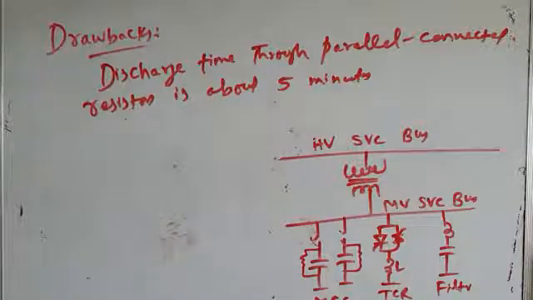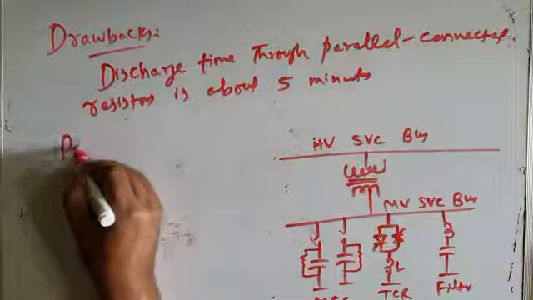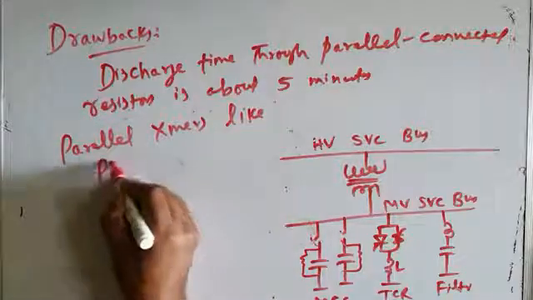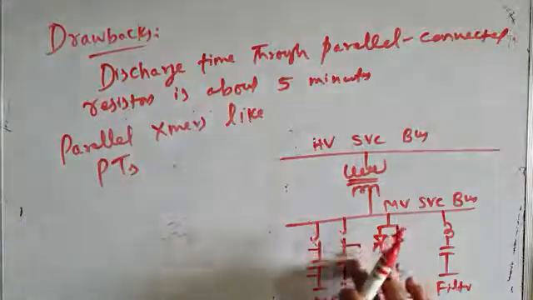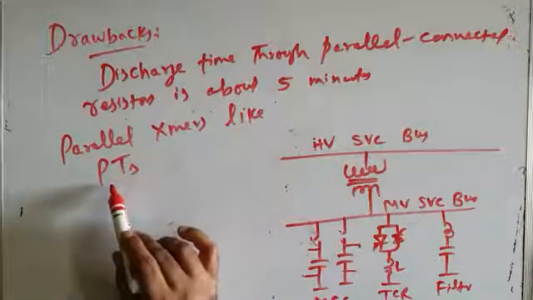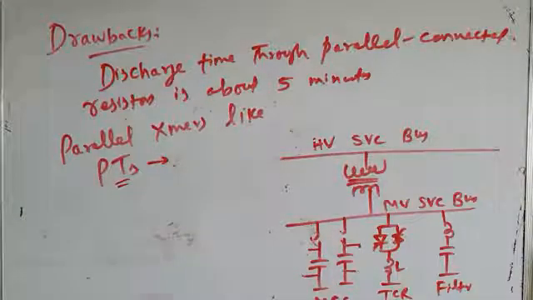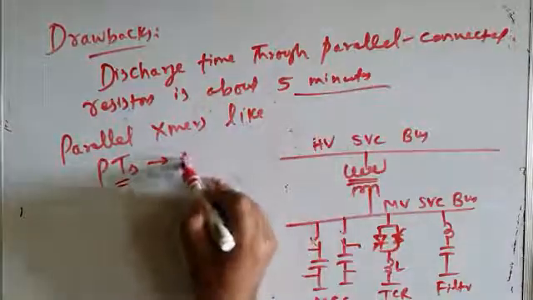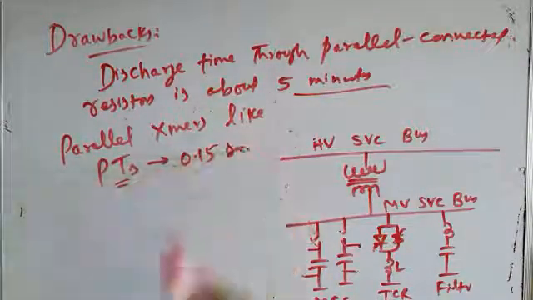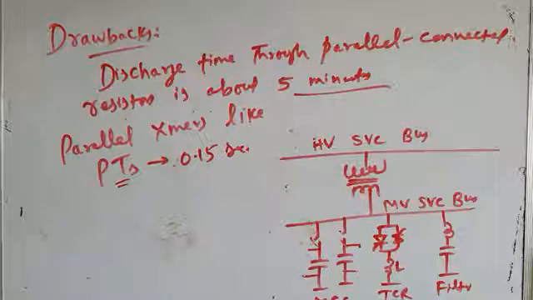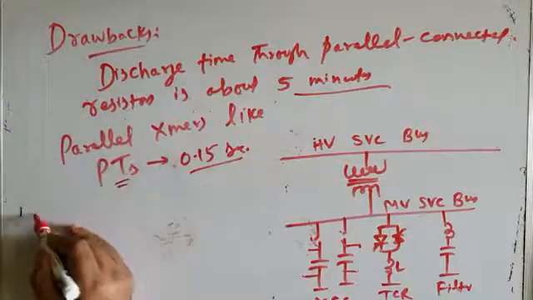How? If small parallel transformers like potential transformers, PTs, are connected across the capacitor banks instead of resistors, the banks discharge quickly, in only 0.15 second instead of 5 minutes. But the PTs are not free of cost, so you have to invest in them. This is the second drawback.